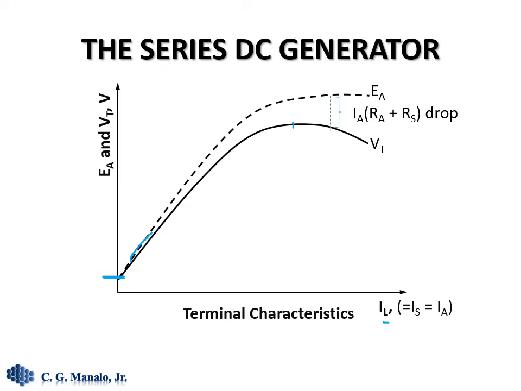The reason for that is that the load current is too large, that the voltage drops are having a serious effect on the terminal voltage, and instead of the terminal voltage increasing, it starts to decrease from this point as the load current continues to increase.